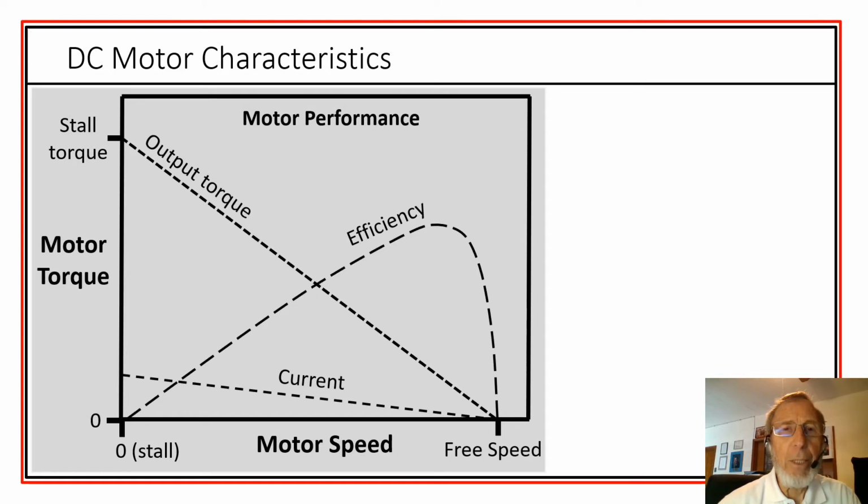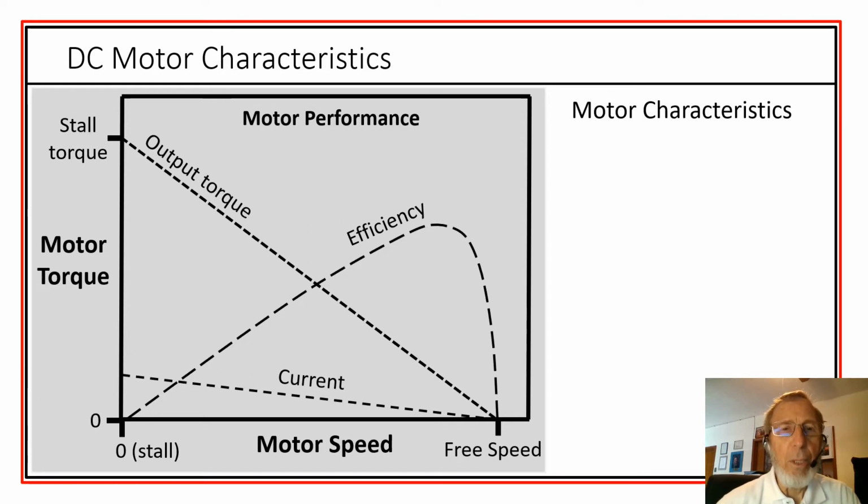Let's begin by looking at motor characteristics. We're typically using DC motors, direct current motors, and their performance is often described by a set of motor curves such as shown here. These curves give the characteristics of the motor.